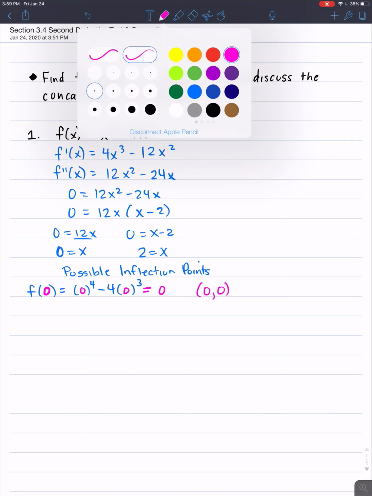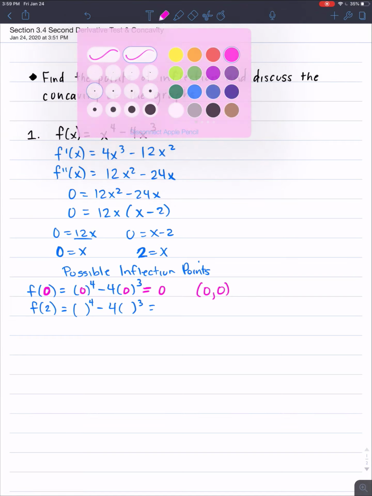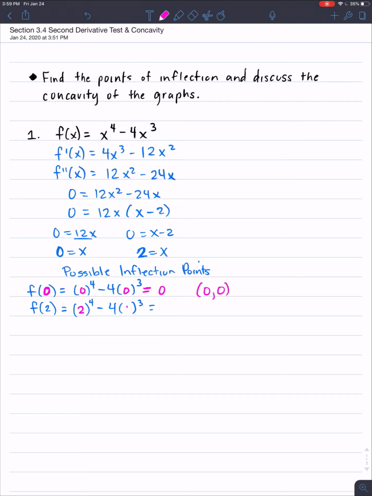For the other one, if I evaluate f at 2, go to the original function, x to the 4th minus 4x to the 3rd, plug in 2 this time and evaluate. We would get negative 16, so that ordered pair is when x is 2, y is negative 16.